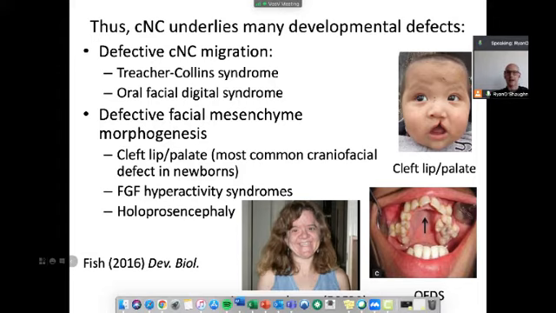You can also have defective facial mesenchyme morphogenesis, and this can lead to cleft lip and palate, which is the most common craniofacial defect in newborns, and also FGF hyperactivity syndromes.